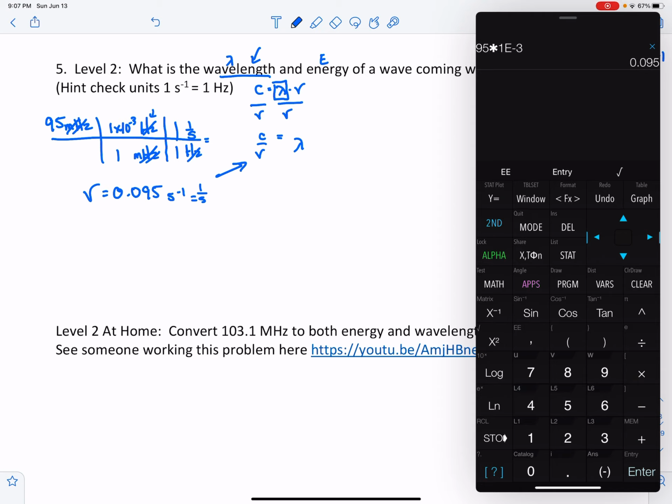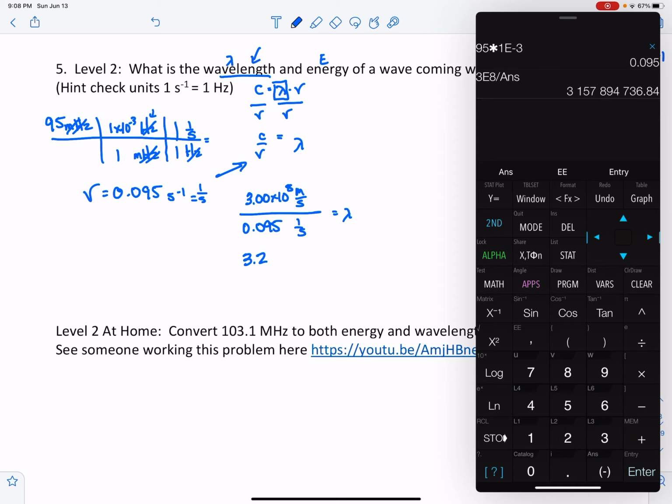And I know C because C is the constant for light, 3.00 times 10 to the 8th meters per second divided by 0.095 per second. So this gives me 3.00 divided by, and I've already got that frequency in there, so I'm just going to use the second key on my calculator to get the number.